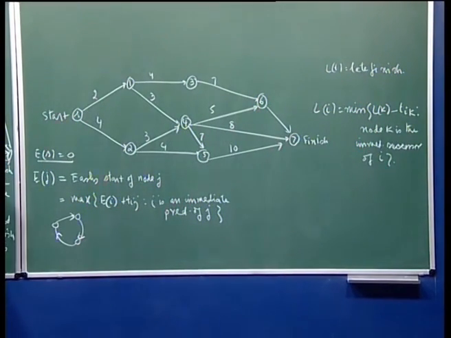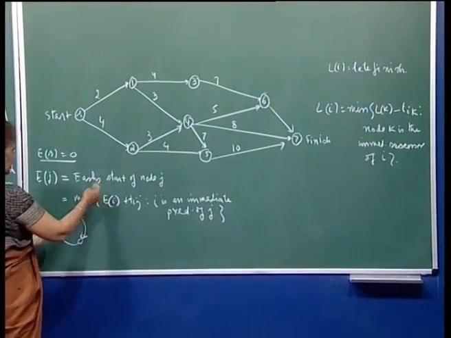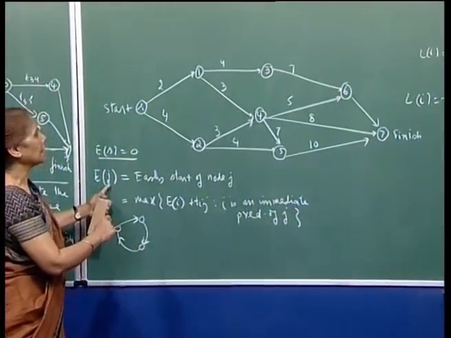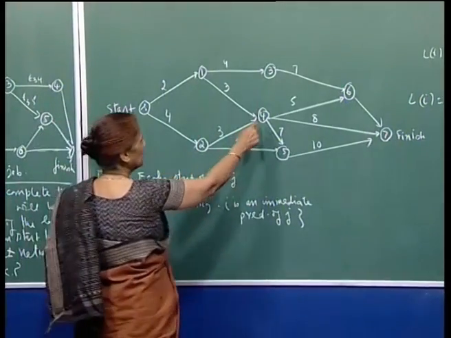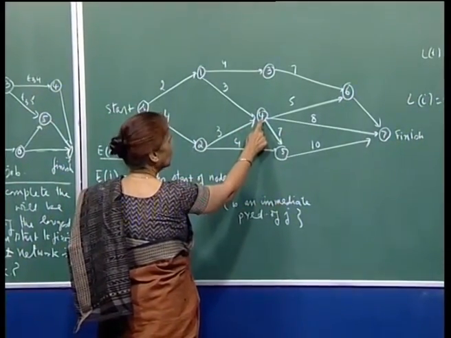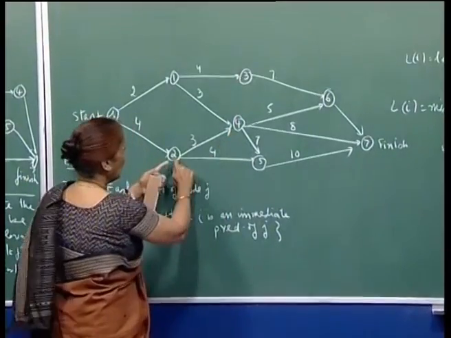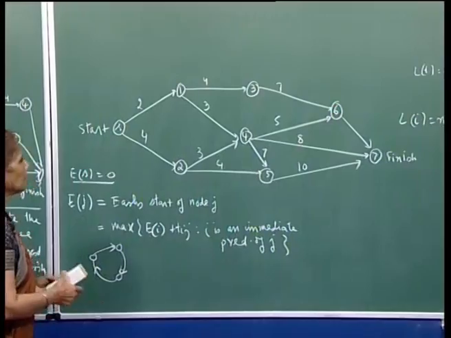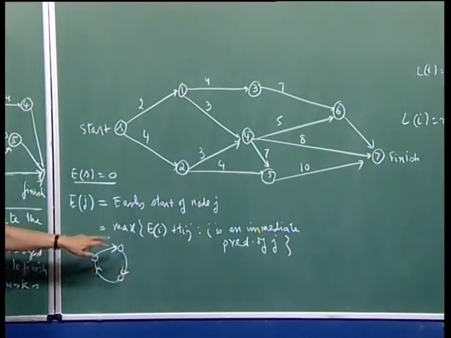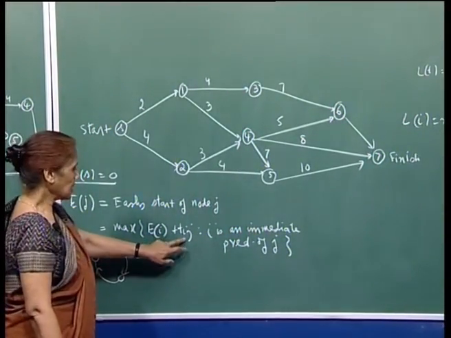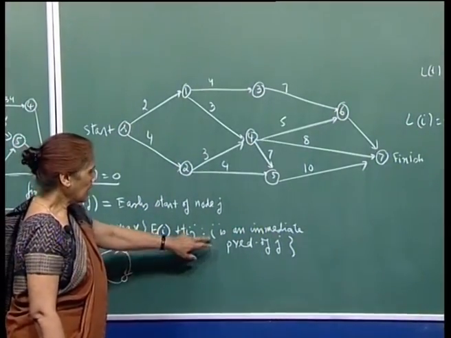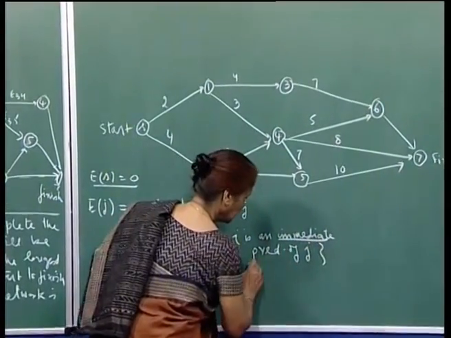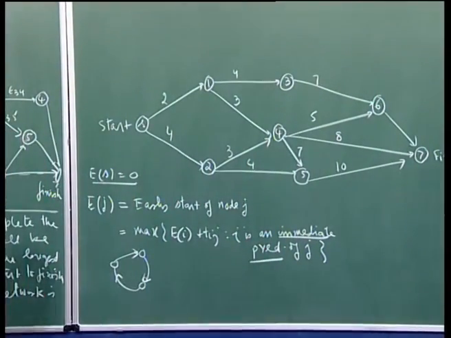And then we will use this definition: for any node j, you want to find out the early start. Obviously, for example, the start for this node cannot begin unless jobs 2.4 and 1.4 have completed. So the definition would be max of Ei plus Tij, where i is an immediate predecessor. I should have defined immediate predecessor first.